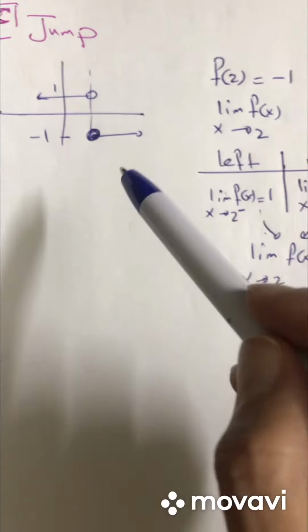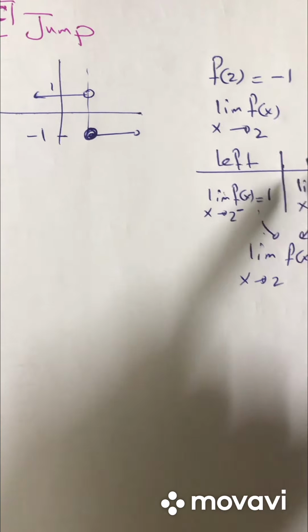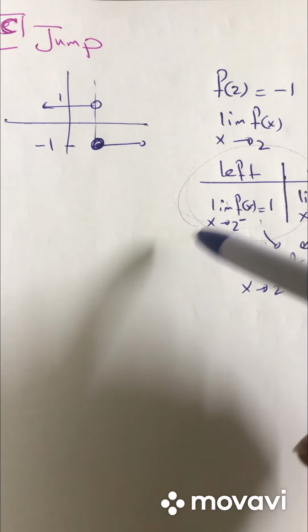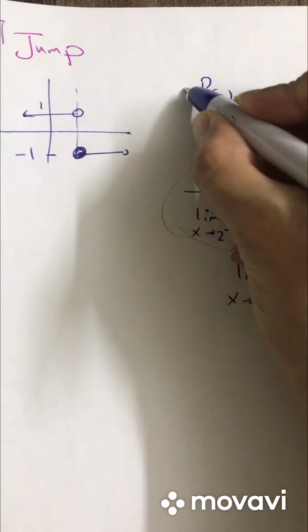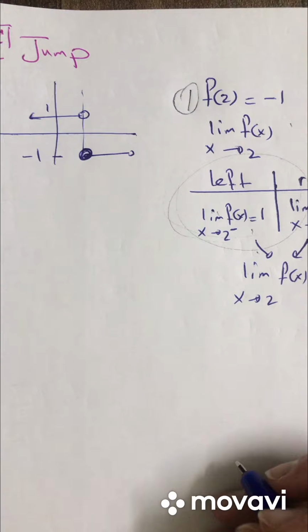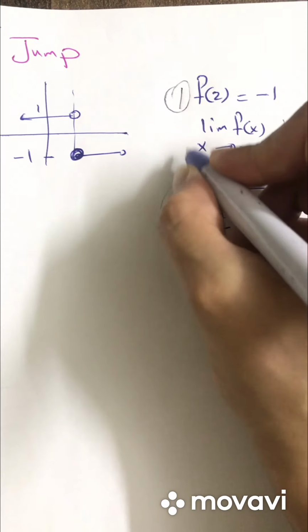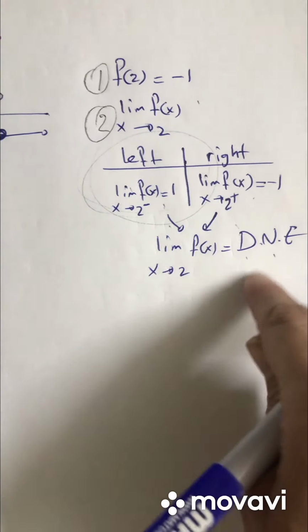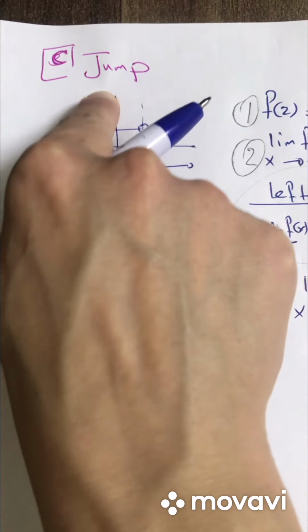What's the conclusion about the jump? For a jump, the problem is always at the second condition. The first condition is satisfied, it is defined, and we have an answer for that. But the problem is always with the second one. The limit does not exist. For that reason, we will call it a jump.